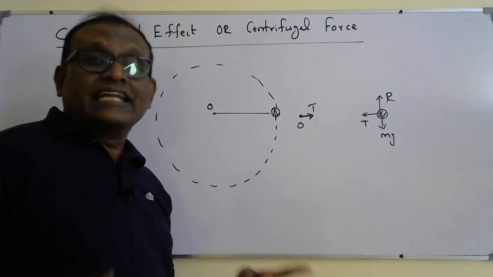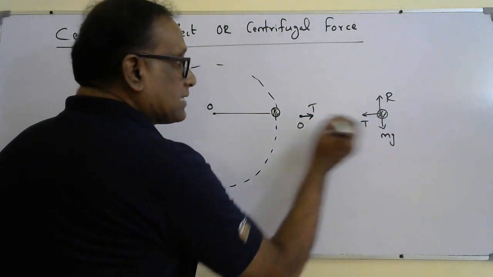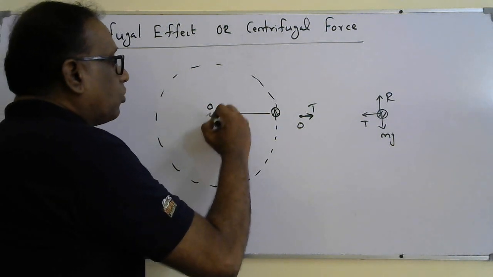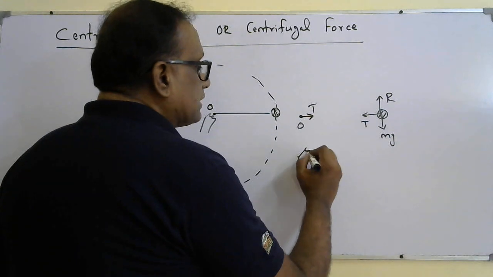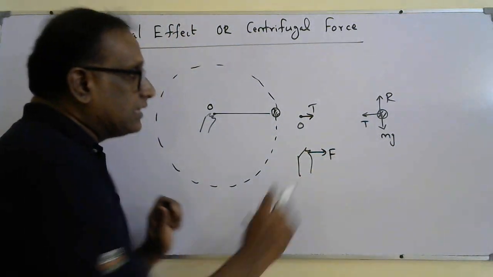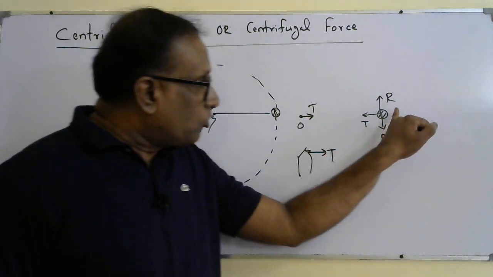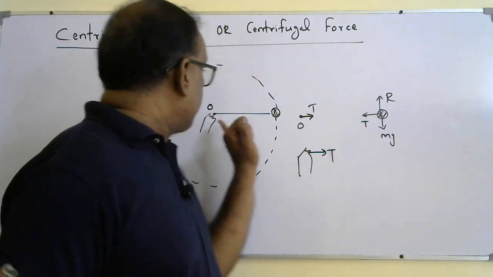That is the centrifugal effect. If you are rotating a sphere by your hand, imagine you are holding it and rotating it, you will feel a force in this direction. You feel the same force T on your hand. So you might think there is a force acting on the sphere away from your hand, away from the center.